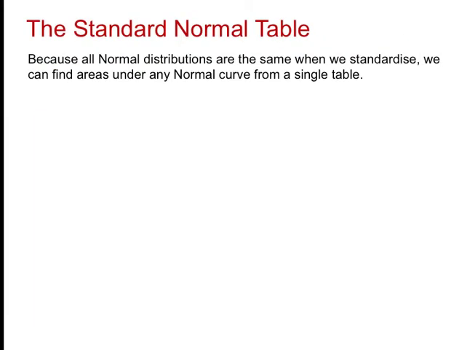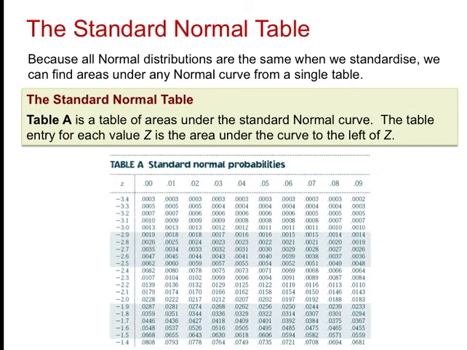Since any normal distribution can be transformed into the standardized normal distribution, we can find areas under any normal curve from a single table called the standard normal table, normal curve table, or z-score table.